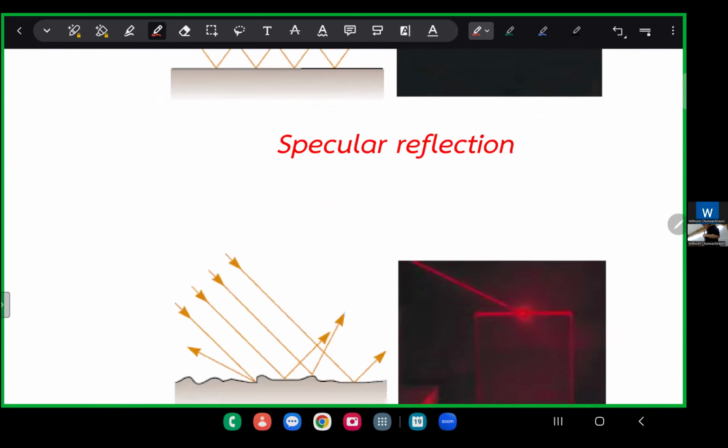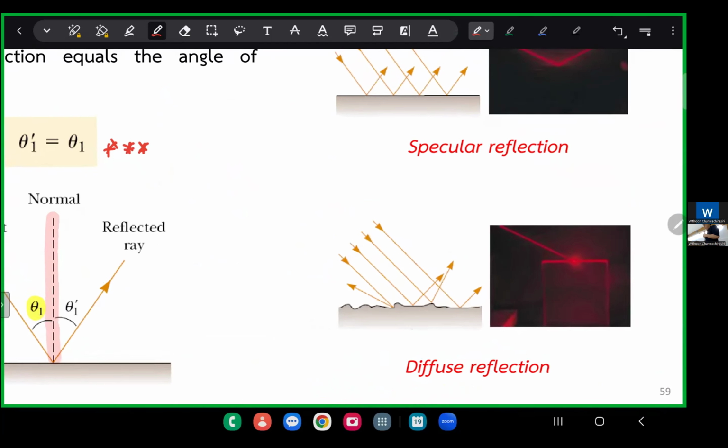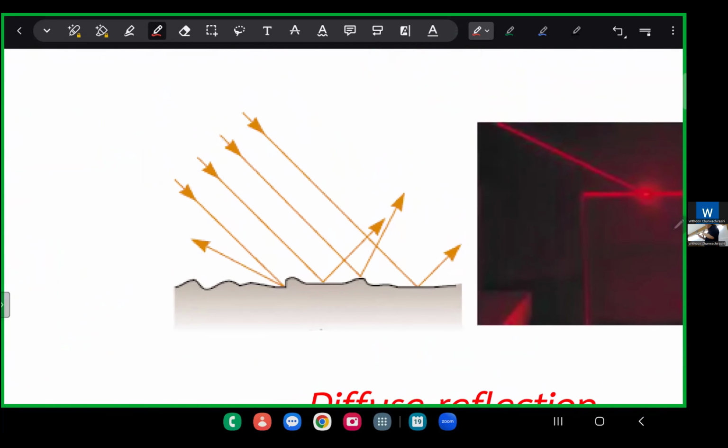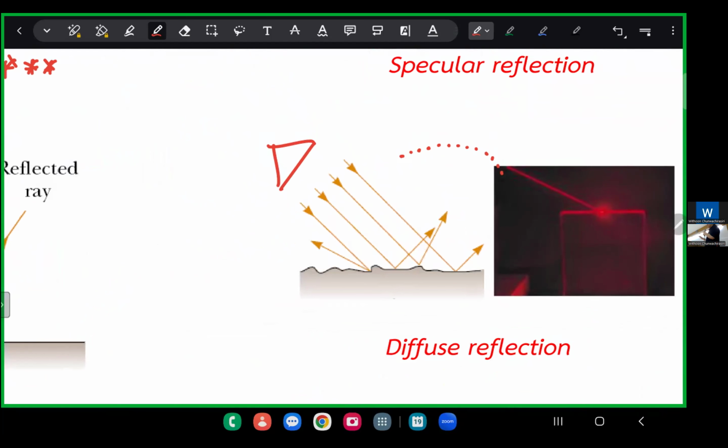On the other hand, if your surface is super rough, the reflection goes on at every point. The law of reflection stays. However, it seems like you are losing all that information. So we call this diffuse. Your information gets diffused out. So it's a diffuse reflection, and this will appear matte to you.